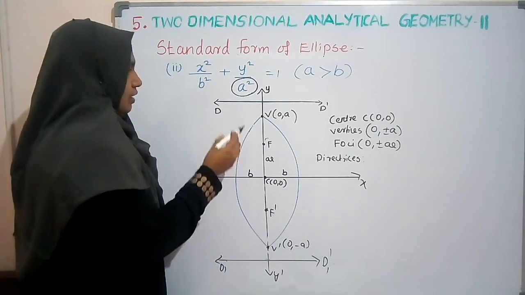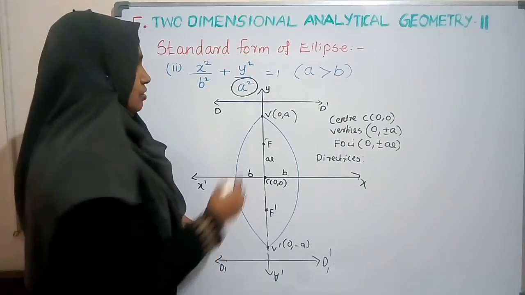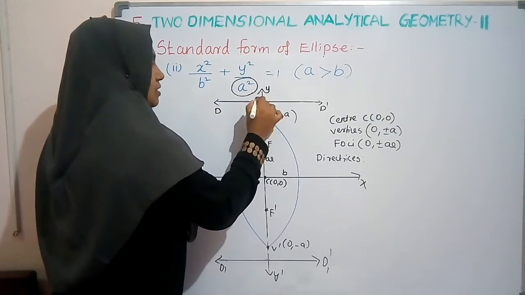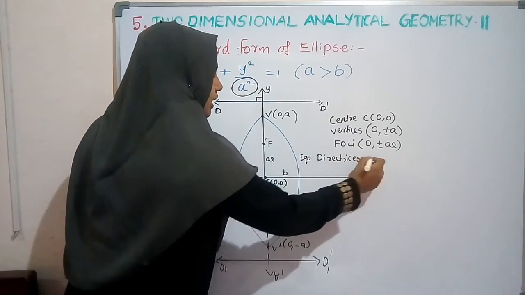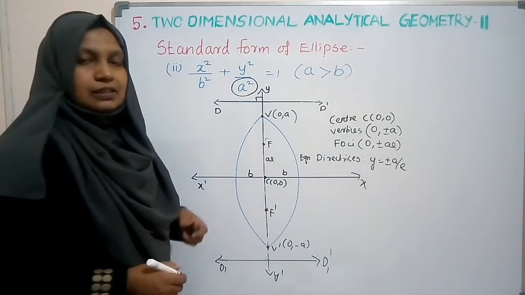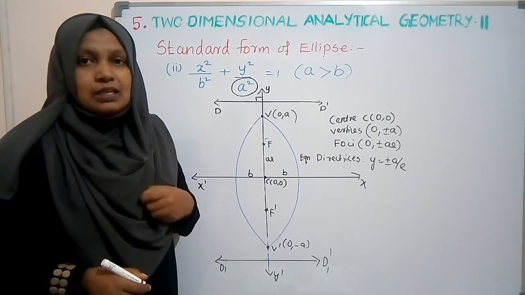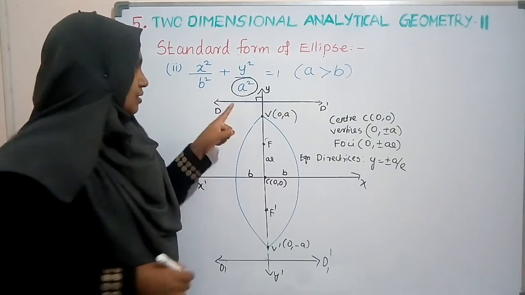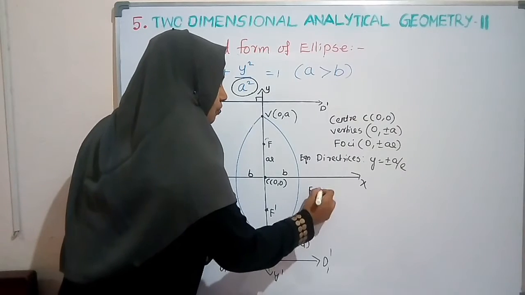The directrices are D, D dash and D1, D1 dash. Since it is perpendicular to the y-axis, we can write its equation as y is equal to plus or minus a by e. The previous one we saw x is equal to plus or minus a by e because it was perpendicular to the x-axis. Now it is perpendicular to the y-axis. And what is the equation of the latus rectum?